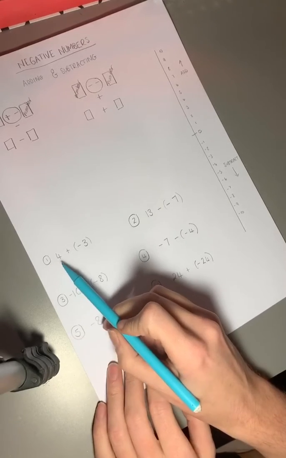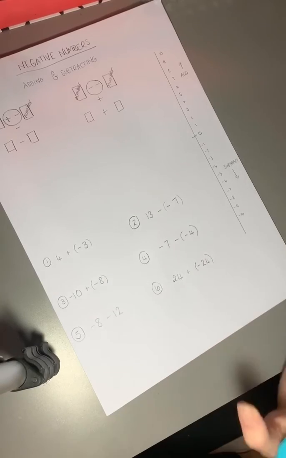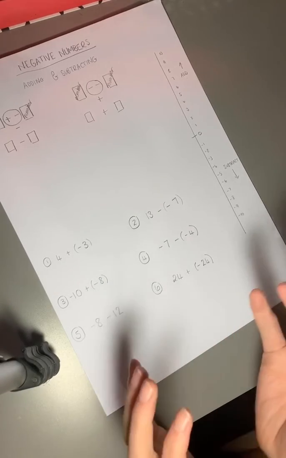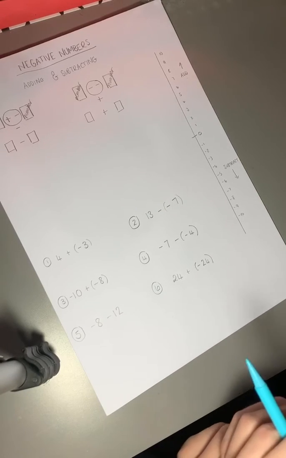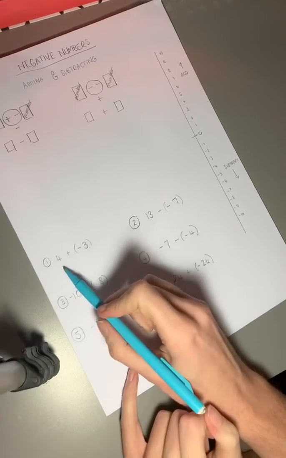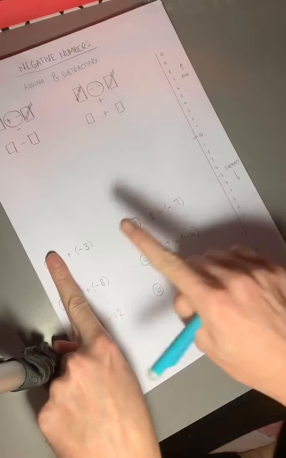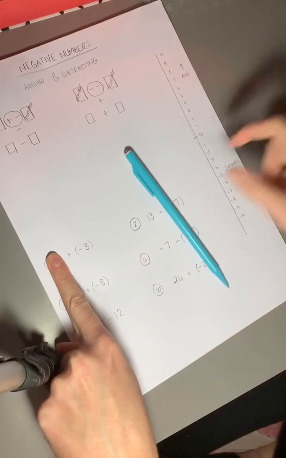So I've got 4 add -3. Now the brackets are nothing to worry about. A lot of the questions that you'll see have got brackets around the negative number, and it's just to keep it tidy. It makes it look a little bit neater. But you don't need to worry about the bracket. Okay, so 4 add -3. So I'm going to cover up the two numbers, and I'm just going to look at what's happening in between.